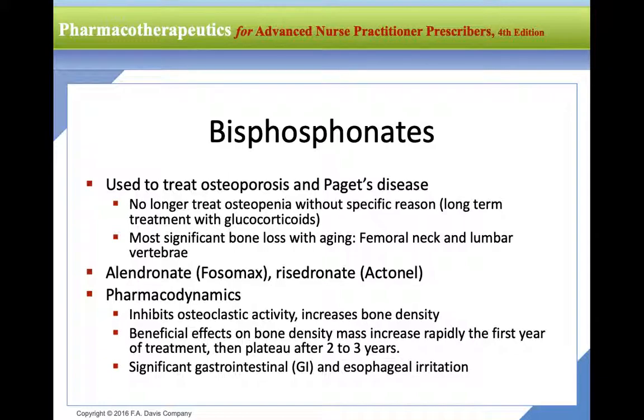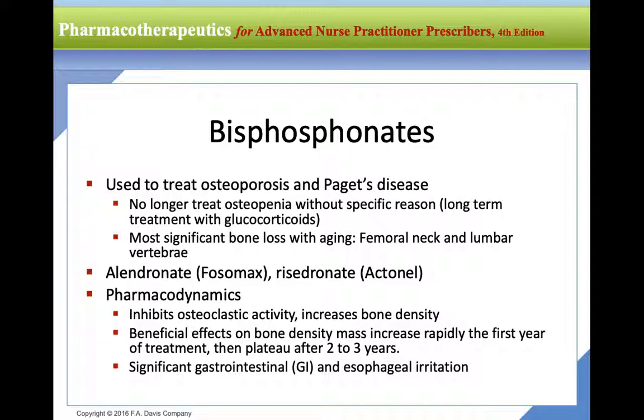The most significant bone loss with aging is at the femoral neck and the lumbar vertebrae. Those are where patients are going to have the biggest difference in their T-scores, which you'll notice on a DEXA scan. The guidelines for treating osteoporosis are pretty well defined with regard to who you should be looking at for bone mineral density.